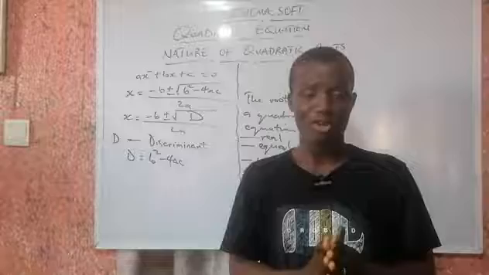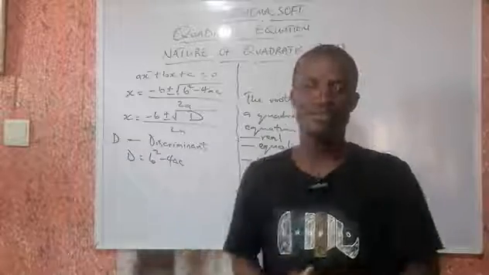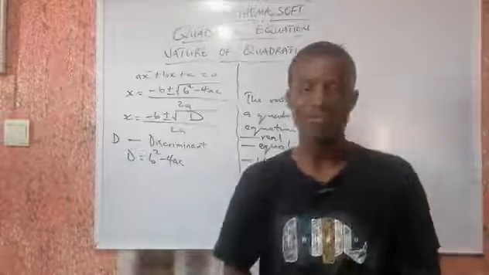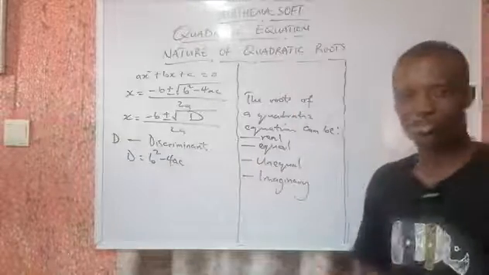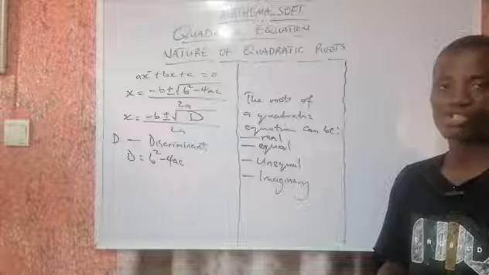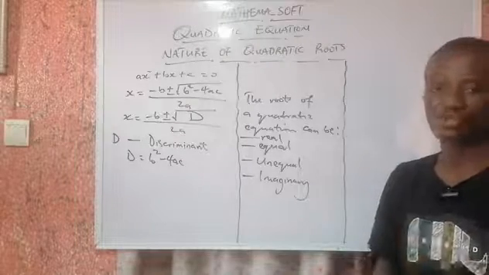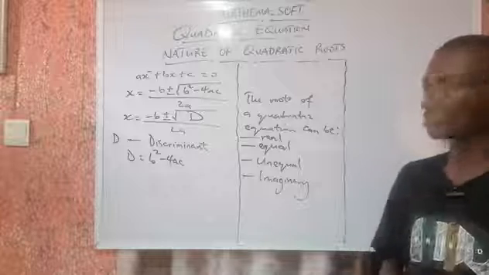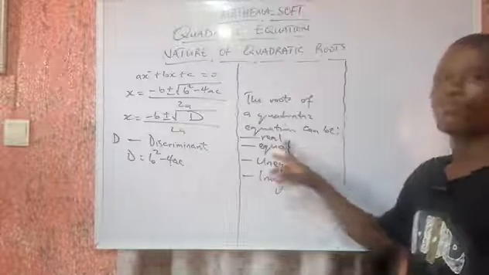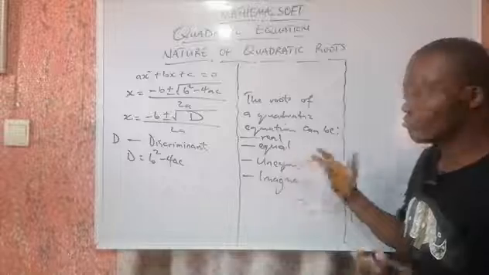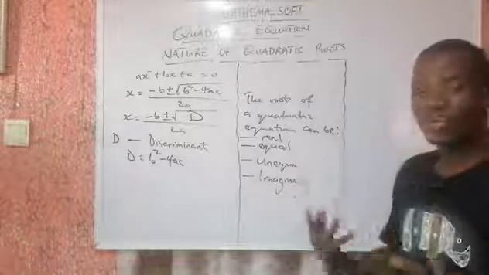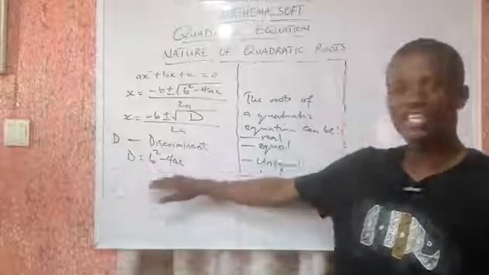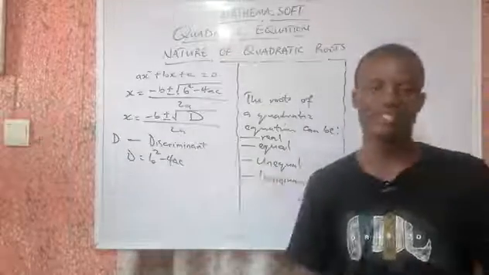We can use the discriminant, with the formula b squared minus 4ac, to determine, without solving for the roots, whether the roots will be real, equal, unequal, or imaginary, just by knowing the value of our discriminant.